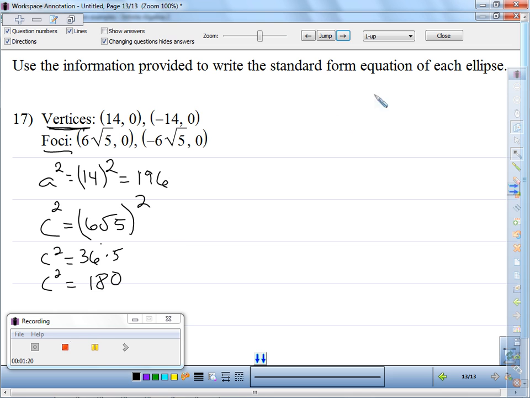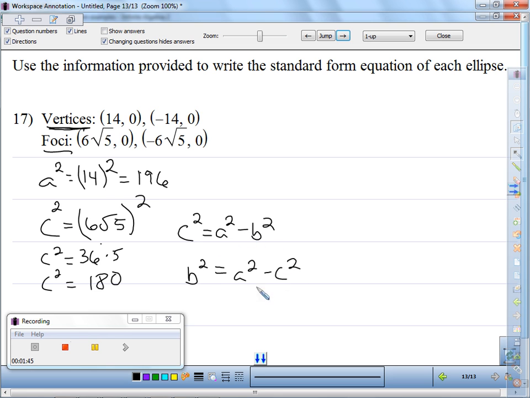But we need B squared to come up with the equation. So we're going to go back to that one formula we had where we had C squared is equal to A squared minus B squared. We want B squared, so I'm going to rearrange this equation so that I get B squared is equal to A squared minus C squared. Same equation, I just rearranged it.